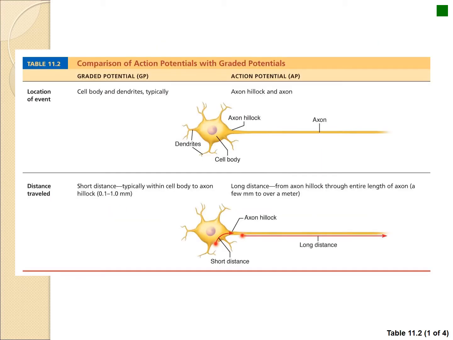So when we look at what's called a graded potential, sometimes an electrical signal basically travels a short distance from here to the dendrites, sometimes just to the nerve cell body, and it does nothing. That means a signal stimulates the cell to produce a potential, and it doesn't really go anywhere.